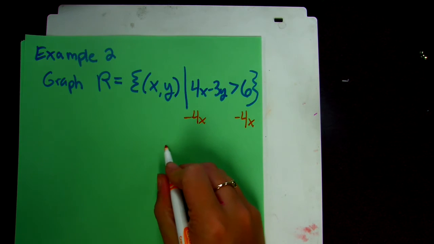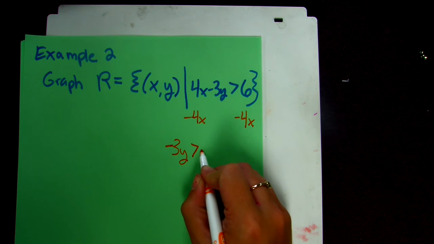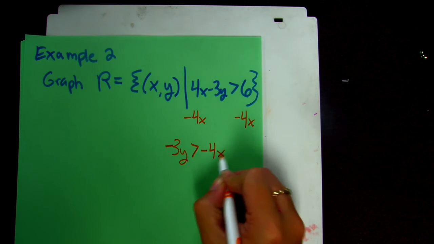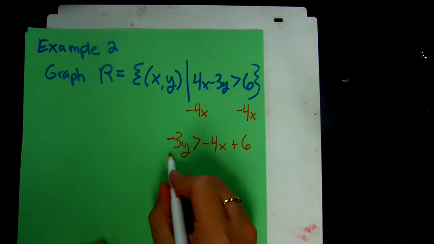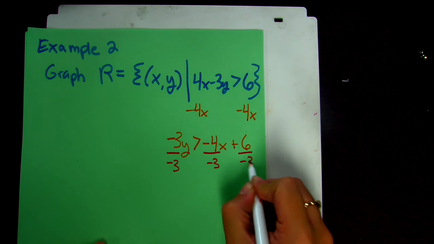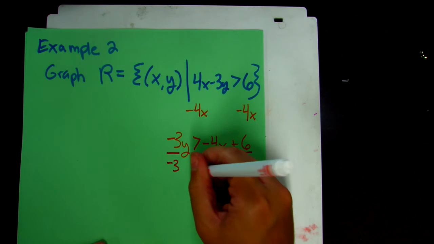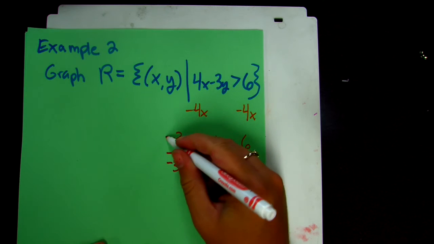So now I have negative 3y is greater than negative 4x plus 6. Then I'm going to divide everything by negative 3. And remember, when you multiply or divide by a negative number, your inequality flips. So negative 3 divided by negative 3 is 1.